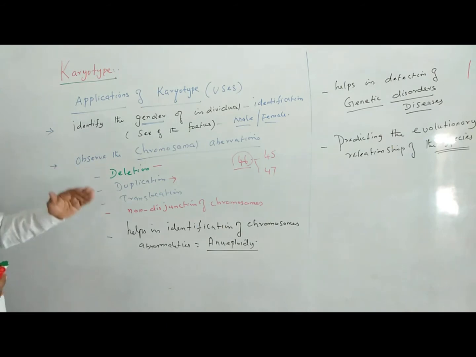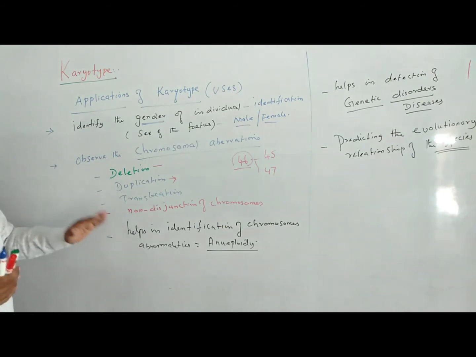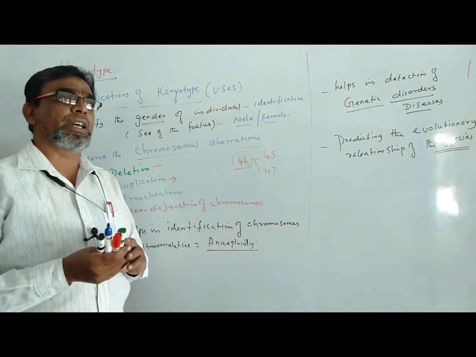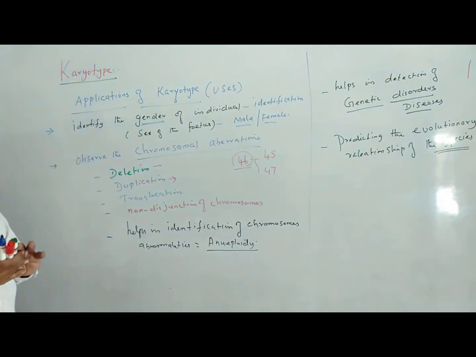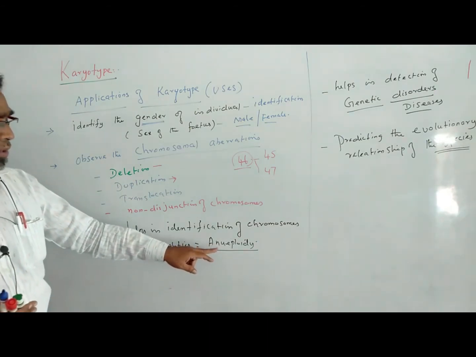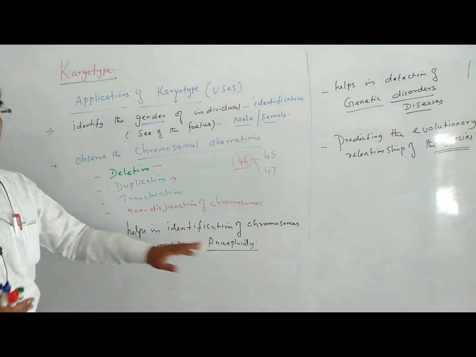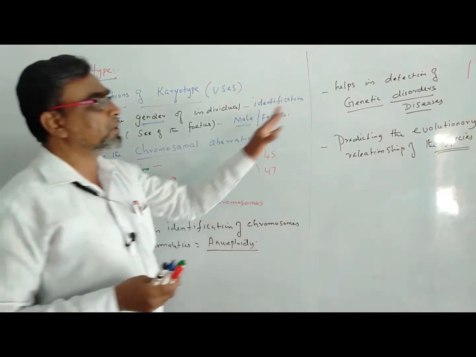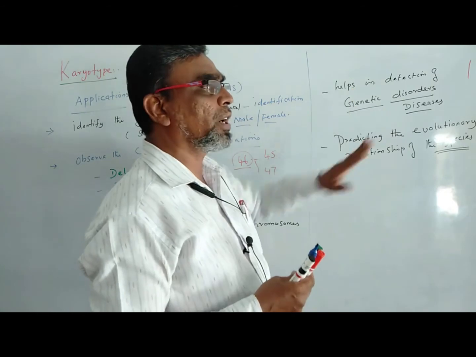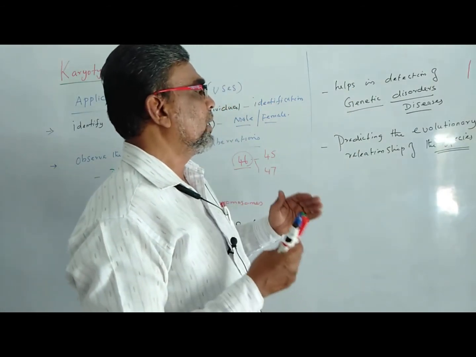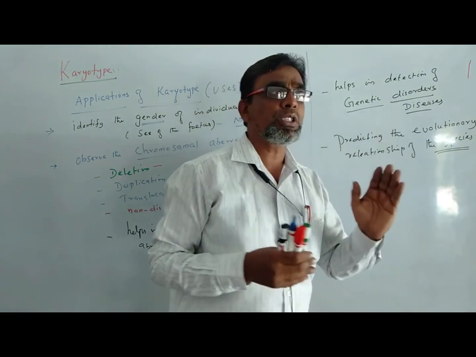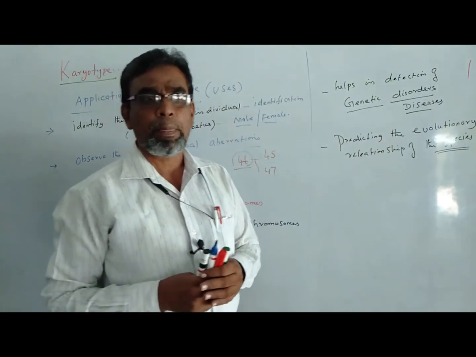One more important aspect is, it helps to identify chromosomal abnormalities. Sometimes a chromosomal abnormality takes place, that is called aneuploidy. It leads to various disorders and complications, so you can avoid this condition. Another use is, it helps to detect genetic disorders, and also we can predict the evolutionary relationship between species. These are the uses of karyotype.